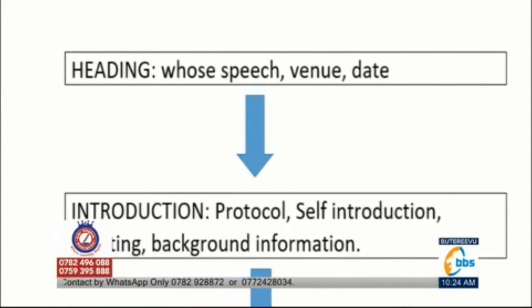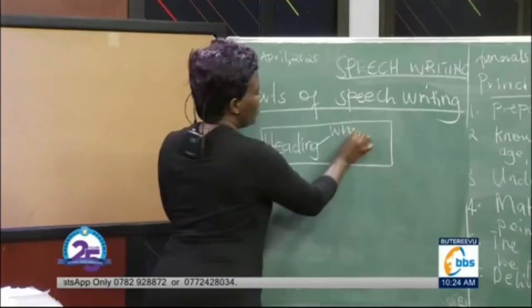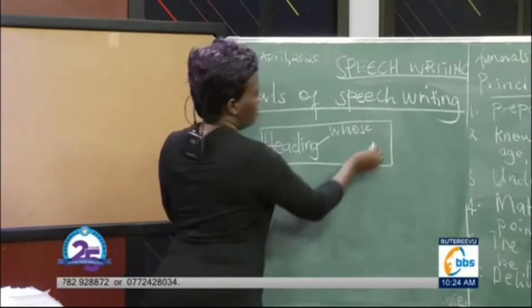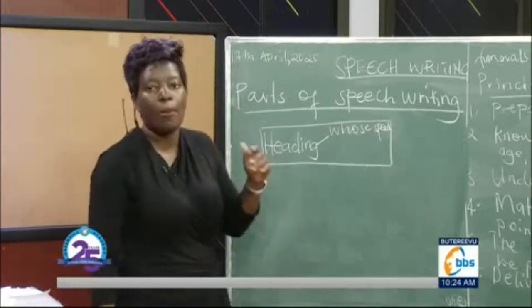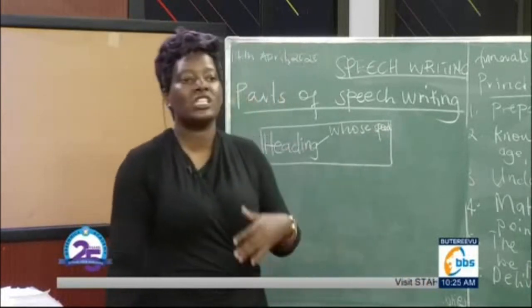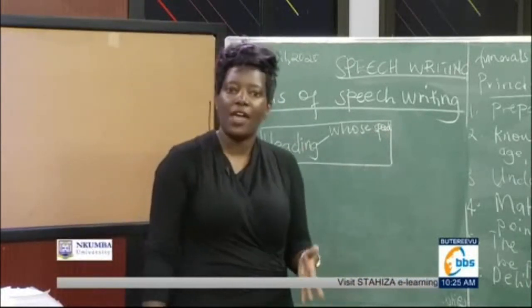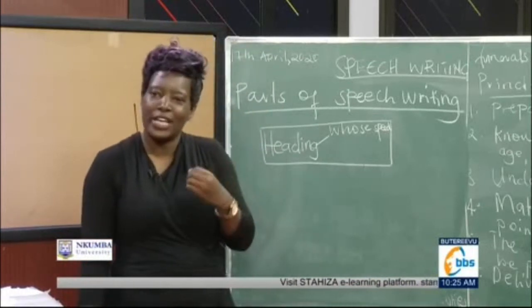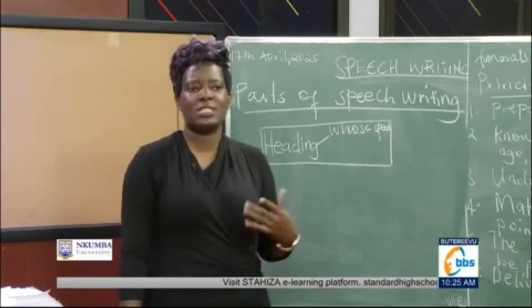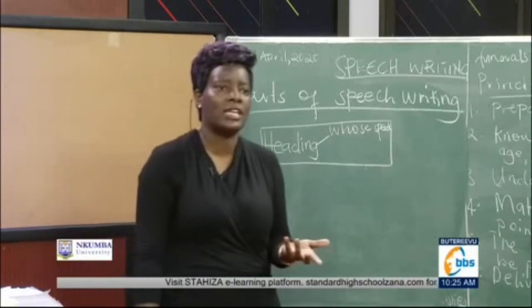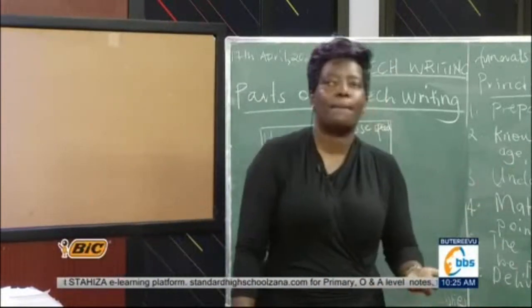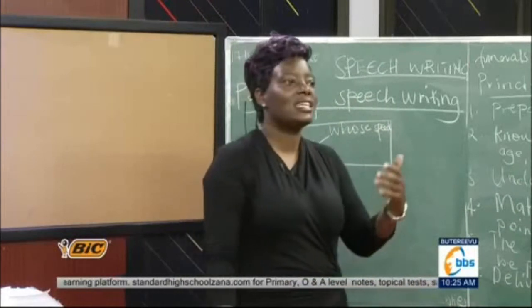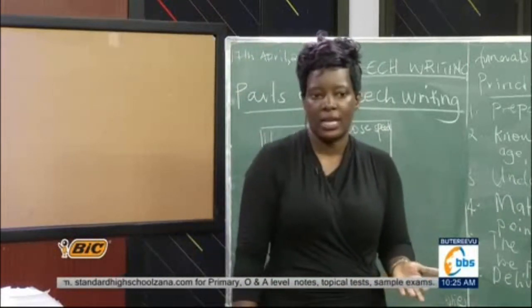So here in the heading we shall say, whose speech? Whose speech is this? So you must indicate the person who is delivering this speech. Are you the one? In which category are you delivering this speech? In most cases, when a question comes on speech writing, they will tell you, maybe assuming you are the sanitary prefect.